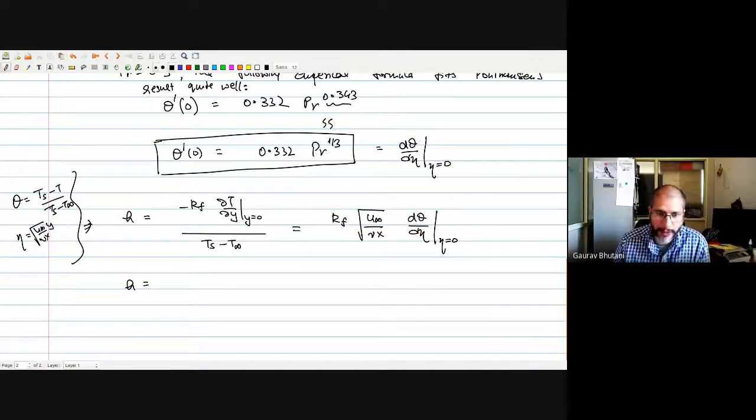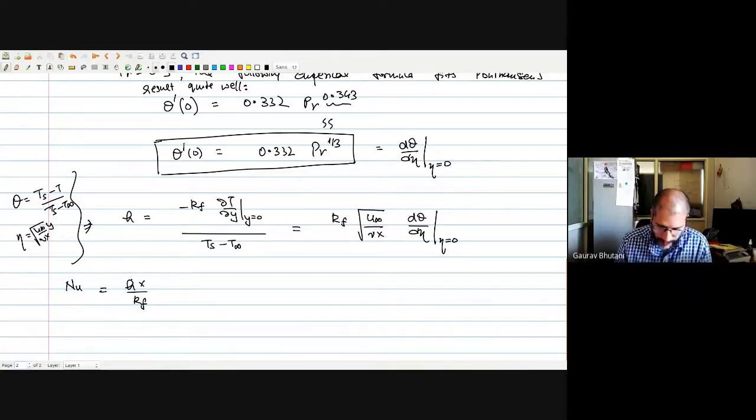Remember, we talked about the Nusselt number, which was nothing but h times L by k for the fluid. That was a Nusselt number for a length L of the plate. If I want to define a Nusselt number based on the local h value, that is h times x by kf, that's something we call the Nusselt number.